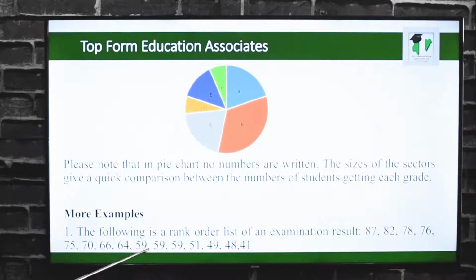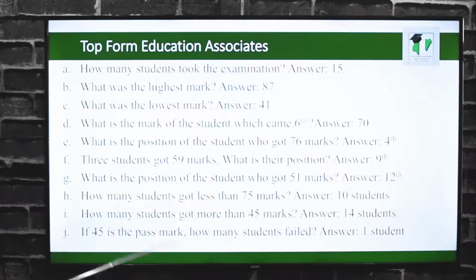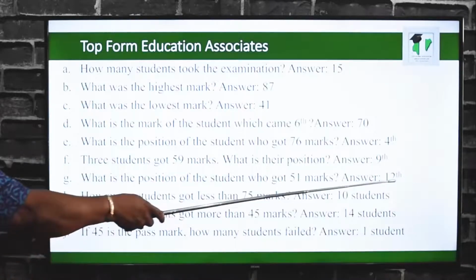So, even though you are going to put 9th for them, they have taken positions. So, 9th, 10th, 11th. So, 51 will be the 12th position. Though these 59 are 9th, there are 3 of them, so they have taken positions. The next one, that is 51, will be 12th. The answer is 12th.